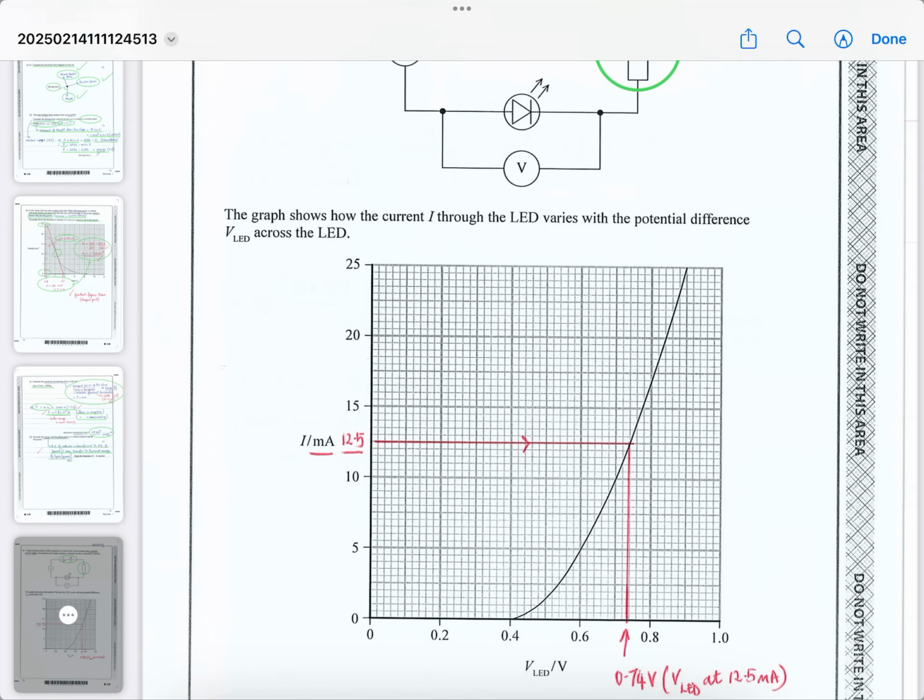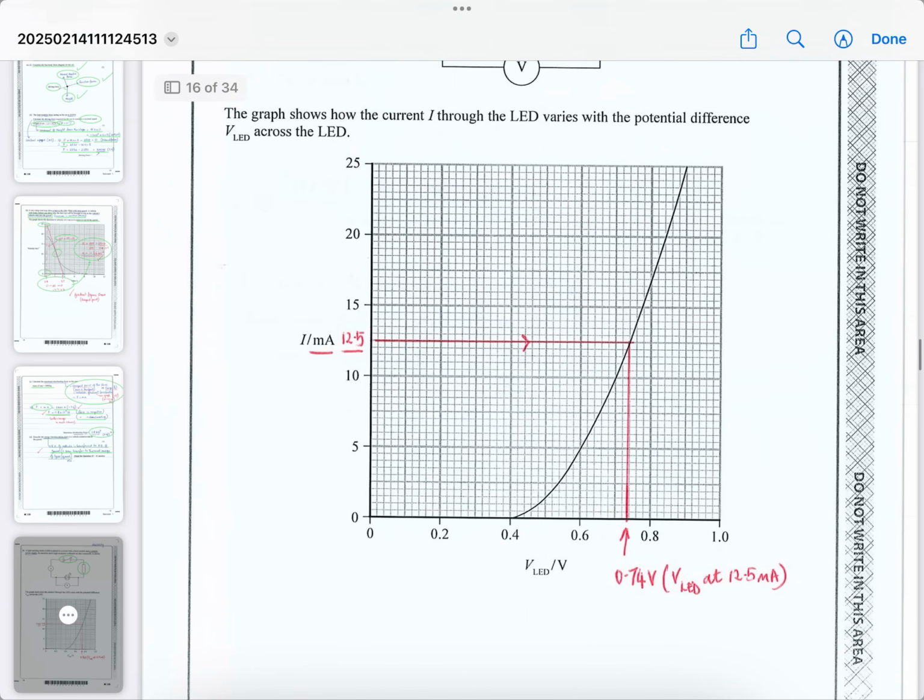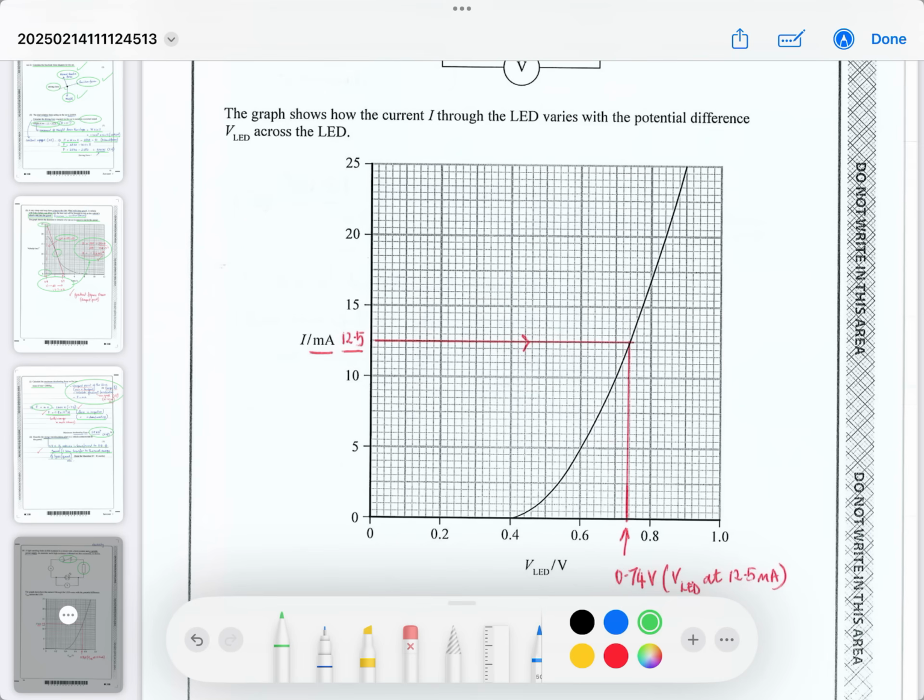And they want us to look at the value of the voltage in this graph. In the next question, they want us to look at the value of the voltage at 12.5 milliamps. So I've drawn my lines to show that at 12.5 milliamps, we have an LED voltage of 0.74 volts, and they're going to use this value.